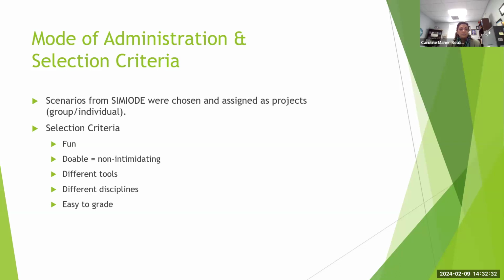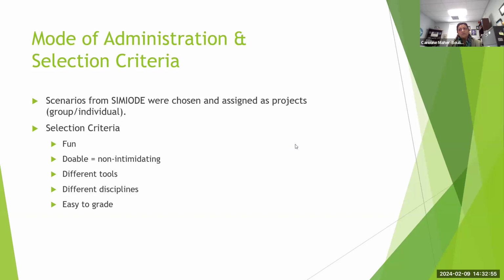They are allowed to work in groups if they wanted to, or individually if they preferred. But most of the students like to work in groups, and the groups range from 2 to 3 students, but not more than 3 in the group.